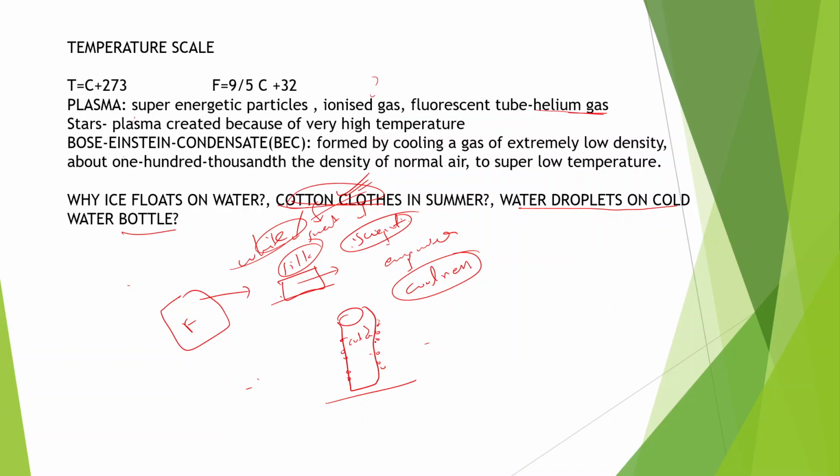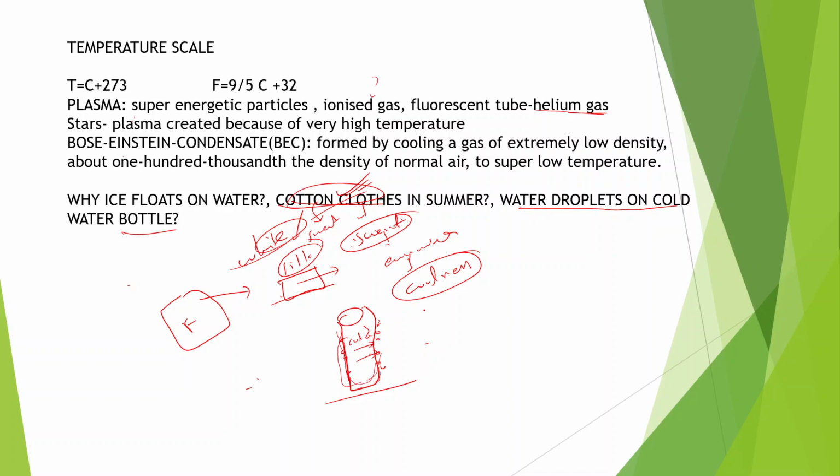This is not water vapor from the inside, because there are no holes in the water bottle. If there were holes, we would not keep a water bottle in our bag, right? So there are no holes, but we are observing water on the surface of this water bottle.